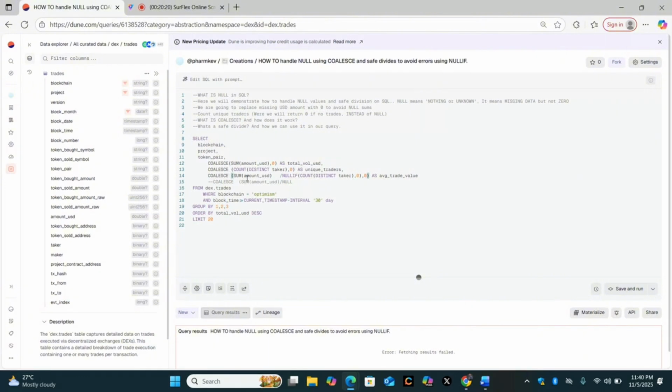If we have a value like this, remember this COALESCE is now here. Remember what I said here? If you are counting any value here and you see null, you convert it to 0. That is what will still happen here. Let me put a bracket here so that you understand. Now imagine this line.